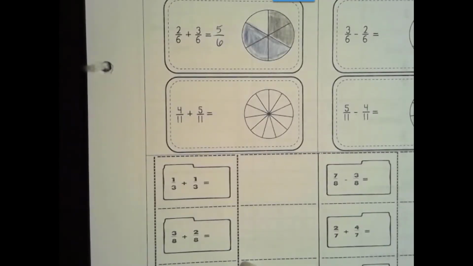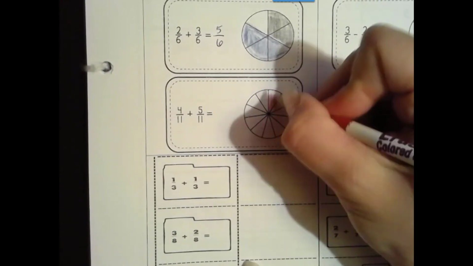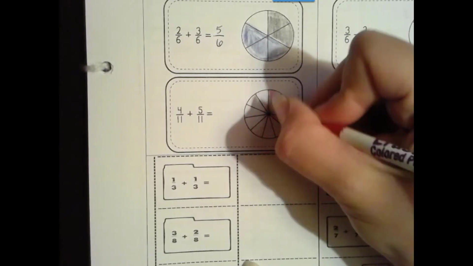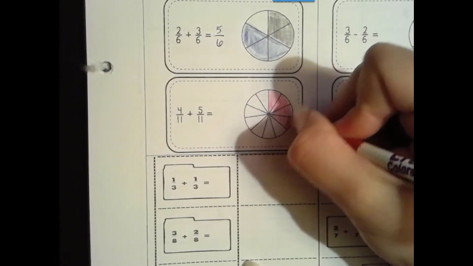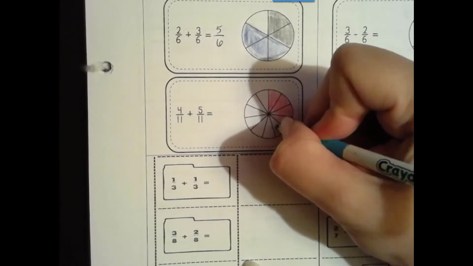Here we have 4/11ths. And 5/11ths. 1, 2, 3, 4, 5.